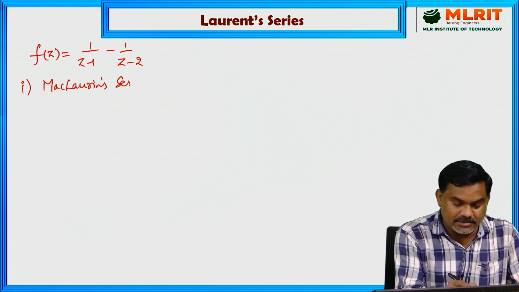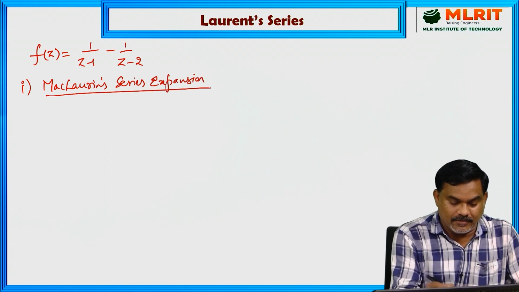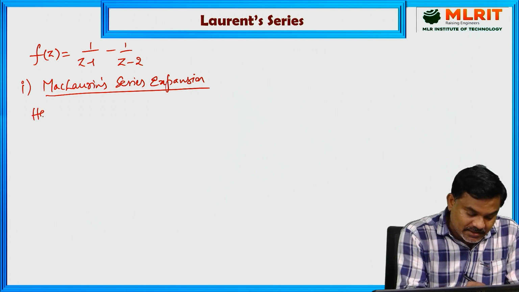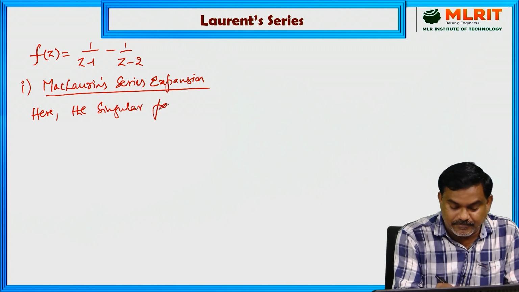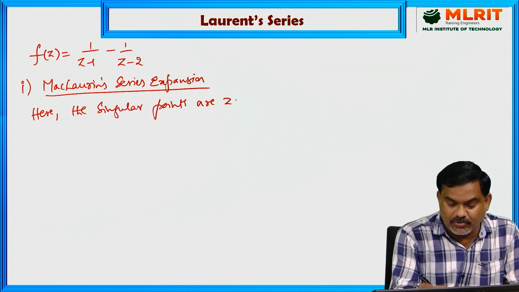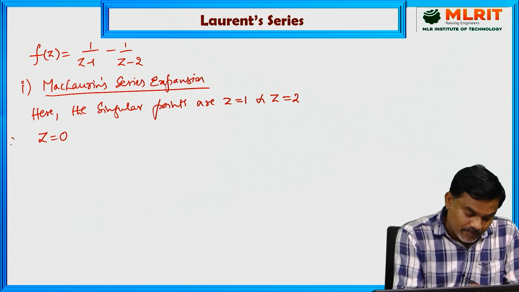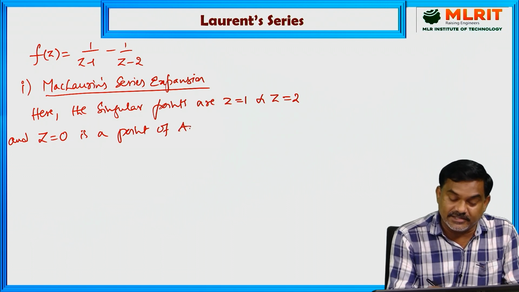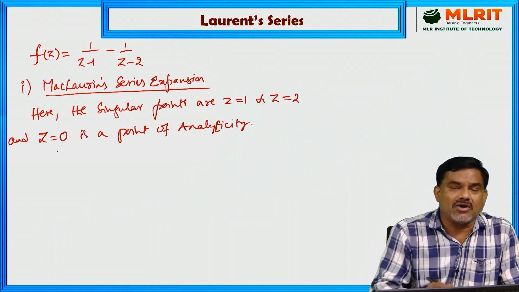This is about z equal to 0, and here it is very clear that the singular points are z equal to 1 and z equal to 2, and z equal to 0 is a point of analyticity. That means this z equal to 0 is not a singular point.